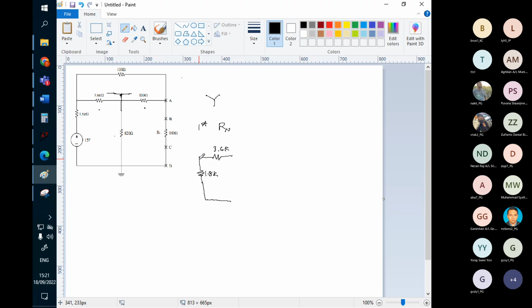And the one on the top is 100, the vertical one 820, and the last one 100.